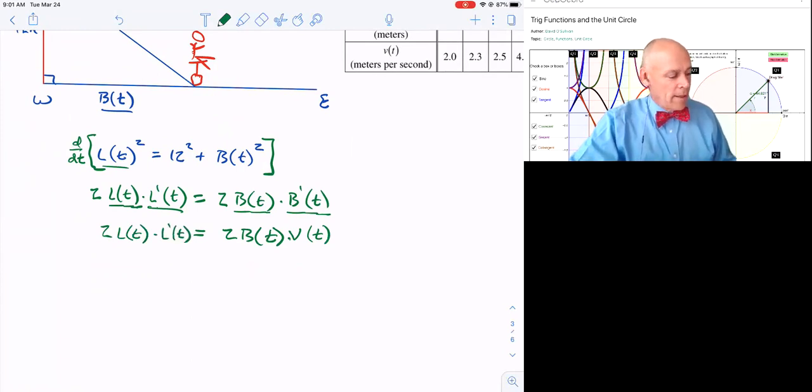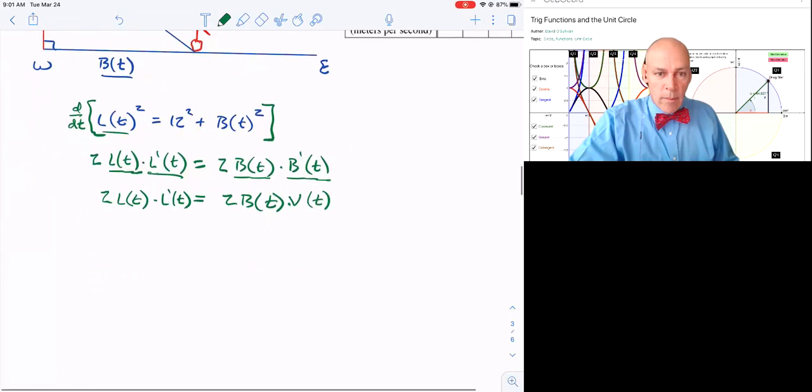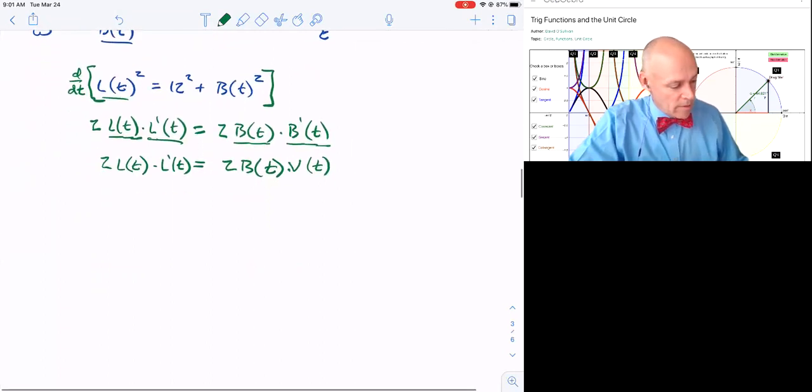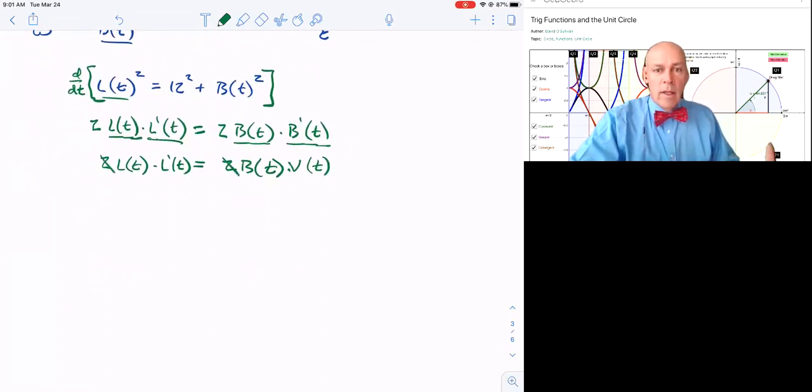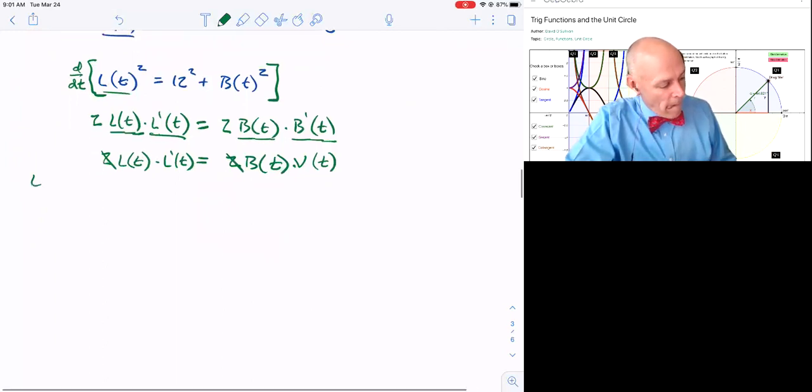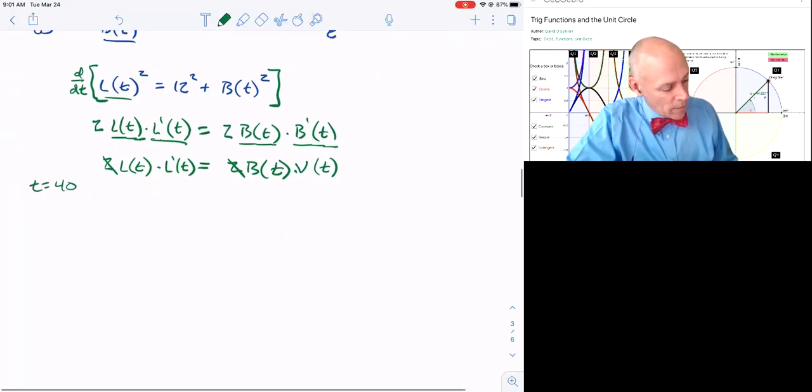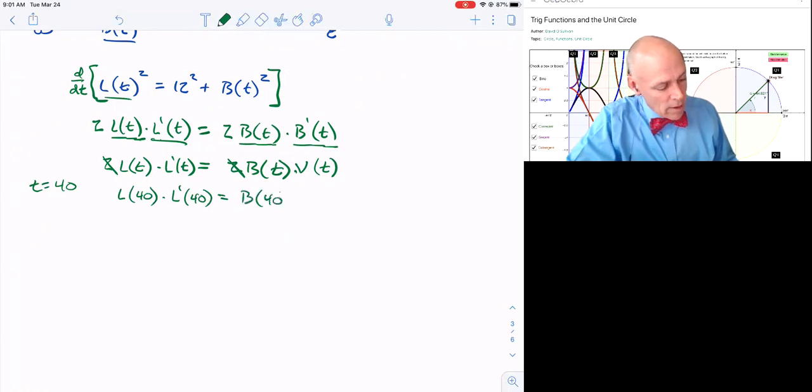Now I've got a 2 on both sides of my equation. I can, in essence, divide by 2, and that goes away. And now I'm asked for when t equals 40. So I'm going to have L at 40 times L prime at 40 is equal to B at 40 times V at 40.